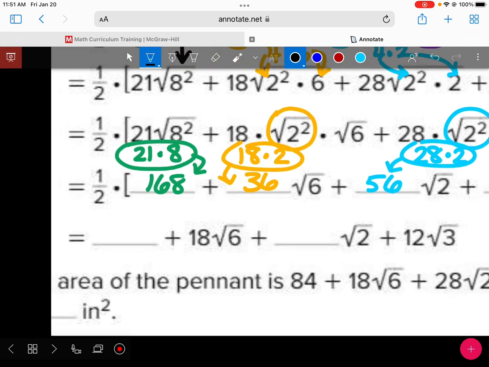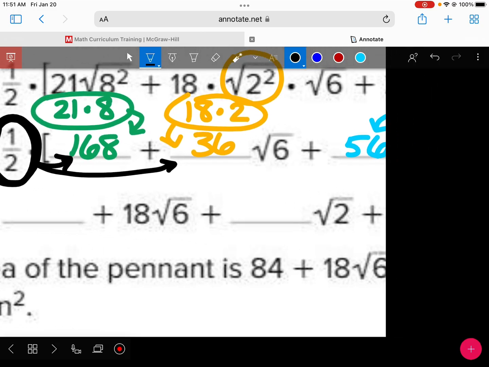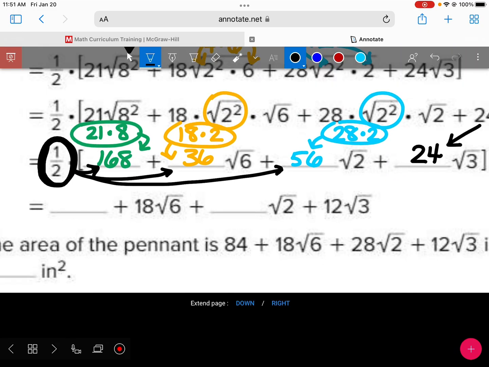Now I'm going to take this 1/2 out at the front that we hadn't done anything with until now. We're going to distribute that to each of these pieces. Again, only the parts that are not under the radical, because 1/2 is not under the radical.